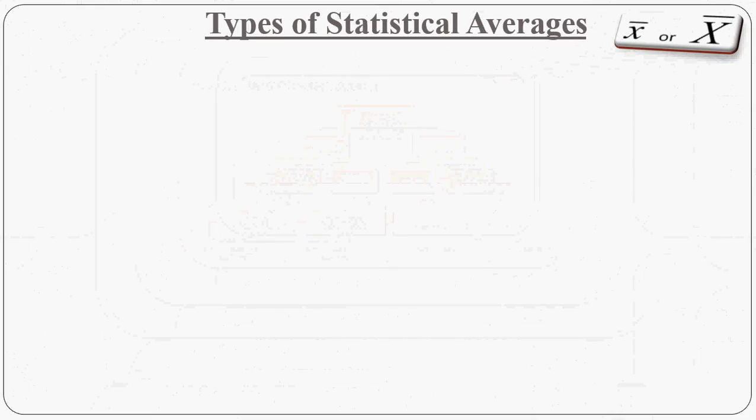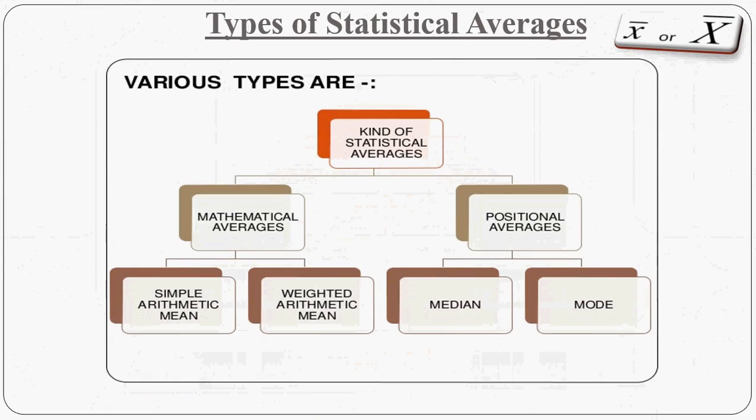So let us focus on the types of statistical averages. We have mathematical averages and positional averages. In mathematical averages, we have simple arithmetic mean and weighted arithmetic mean. In positional, we are going to see median and mode. So these are the various types of statistical averages.